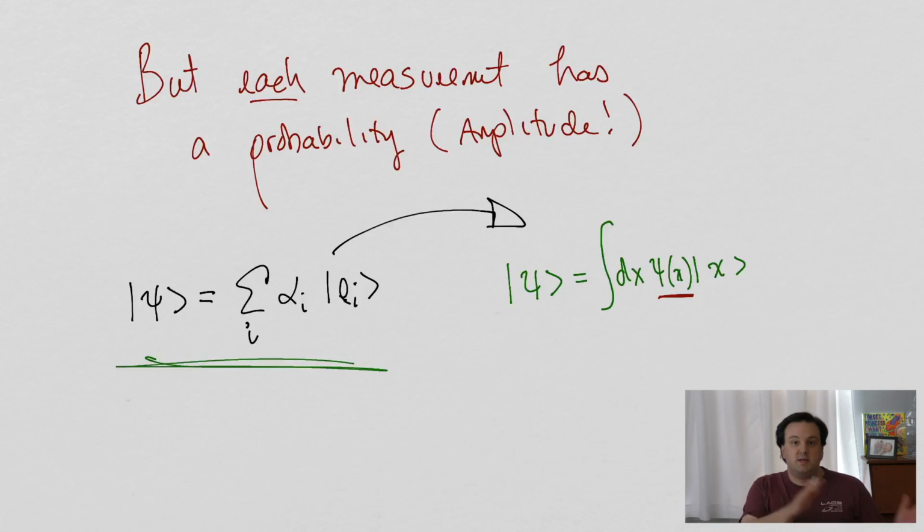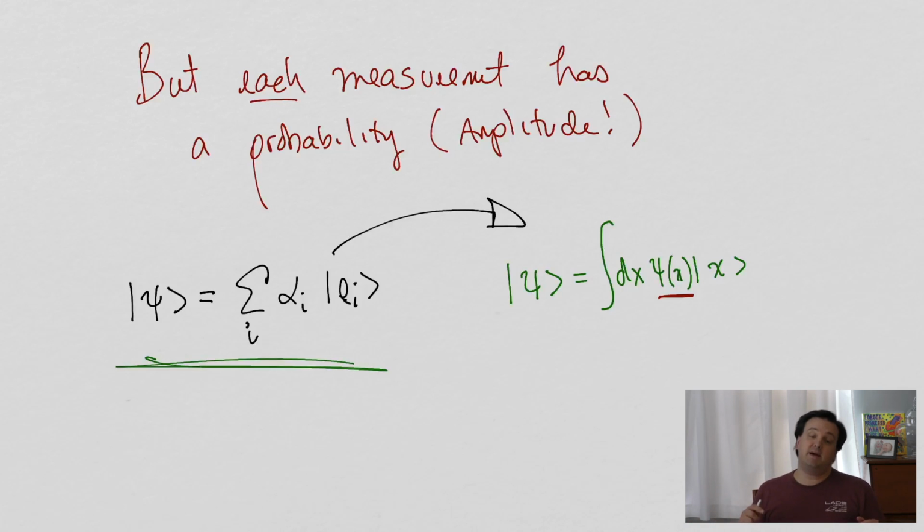But the discrete to continuous transition here is something that we really need to spend a minute on, because the idea of having a probability amplitude associated with a discrete state is somehow easy for us to picture, because I can write it down in a vector. But the probability amplitude associated with a continuous set of eigenstates is much harder to think about.